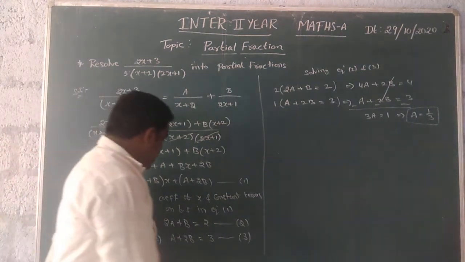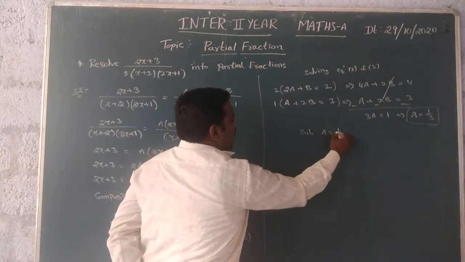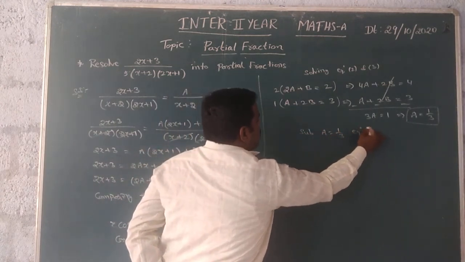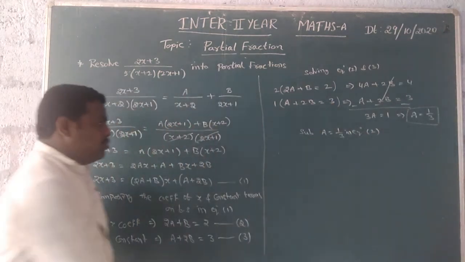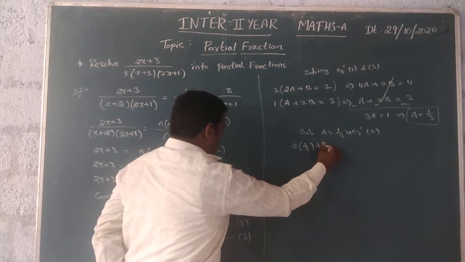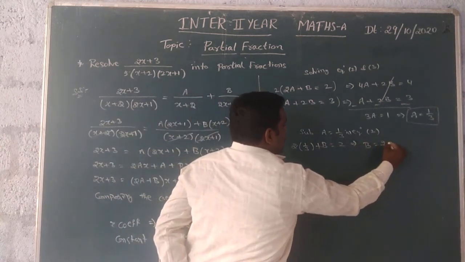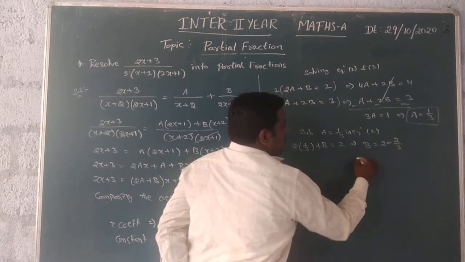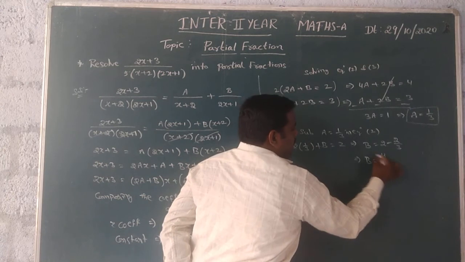So we substitute a is equal to 1 by 3 in equation 2. What is equation number 2? 2 into a, 2 into 1 by 3 plus b is equal to 2. So b is equal to 2 minus 2 by 3. So b is equal to 6 minus 2, 4 by 3.